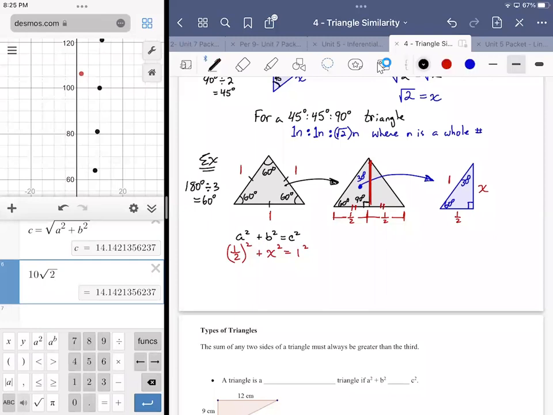So (1/2) squared is the same as saying 1 squared over 2 squared, which is 1/4. So 1/4 plus x squared is equal to 1. Oh, that's not the squiggly curve I was hoping for. So I can subtract the 1/4 from both sides. We would get x squared is equal to 1 minus a quarter, which is 3/4, 75 cents.